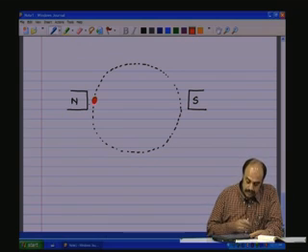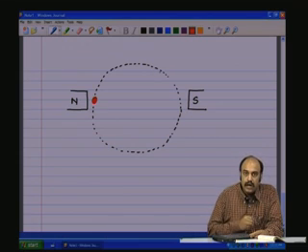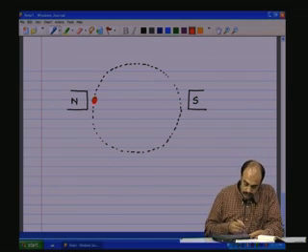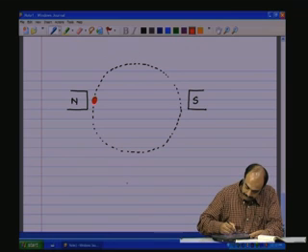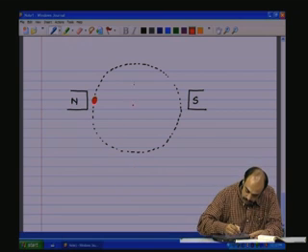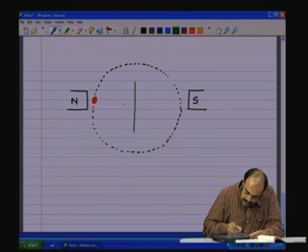Now, let us see the current through the conductor as it is moving along this field here. As it moves, let us also consider an imaginary xy axis, now let me draw with a different color.